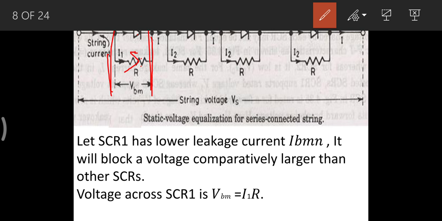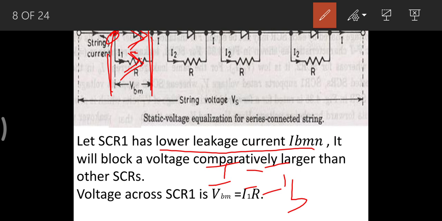And here we have to remember one thing: there is a leakage current IBM that flows through the SCR1. That means by applying the current law at this node, we can find the total current I is equal to IBM, that is the current flowing through the SCR, plus the current flowing through the resistor. Okay?